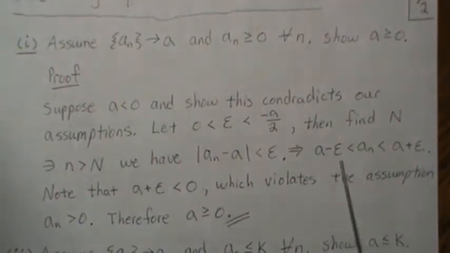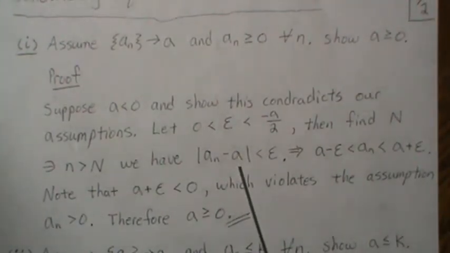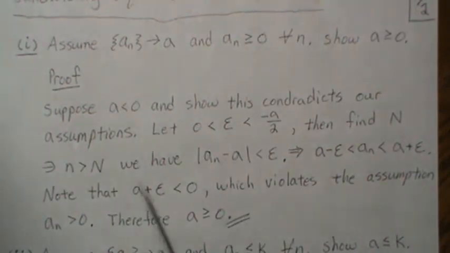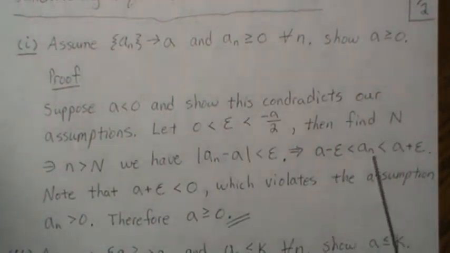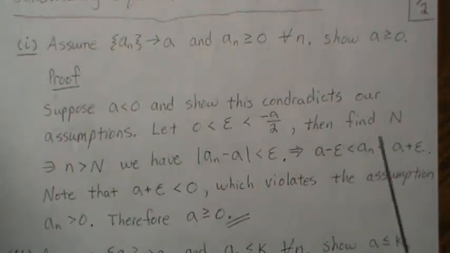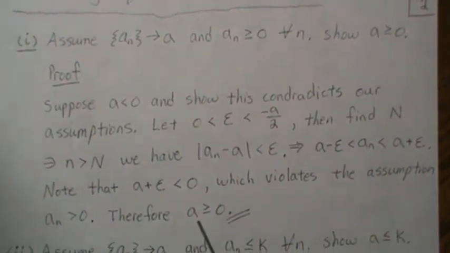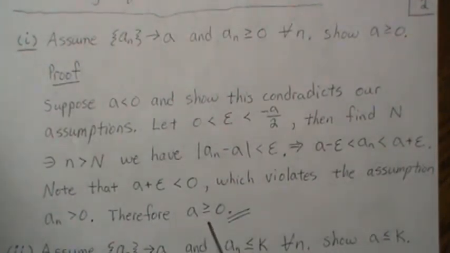Since if A is the limit, then we should be able to find a capital N that meets this requirement, but it's not possible because the a_n are positive and all of these are negative. So it violates the assumption that each term is positive, and therefore the limit must be non-negative.